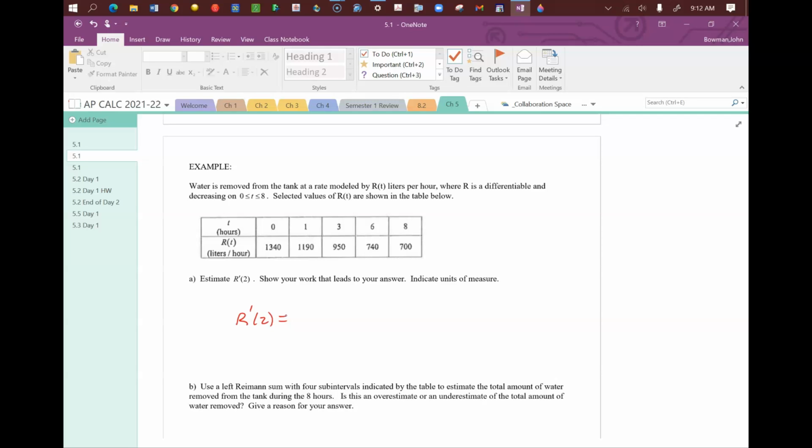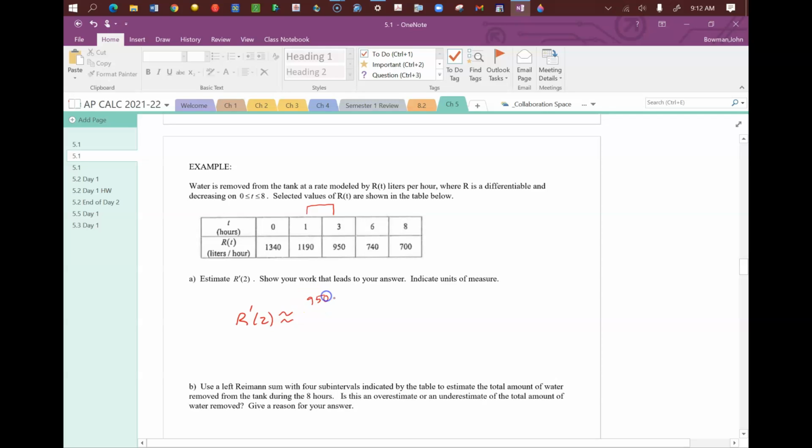Since we don't have a time of 2, what we're going to do is pick the two closest times that we can, which are 1 and 3 hours. And so R prime of 2 is approximately equal to the slope of the secant line. That's the best that we can do to estimate this.